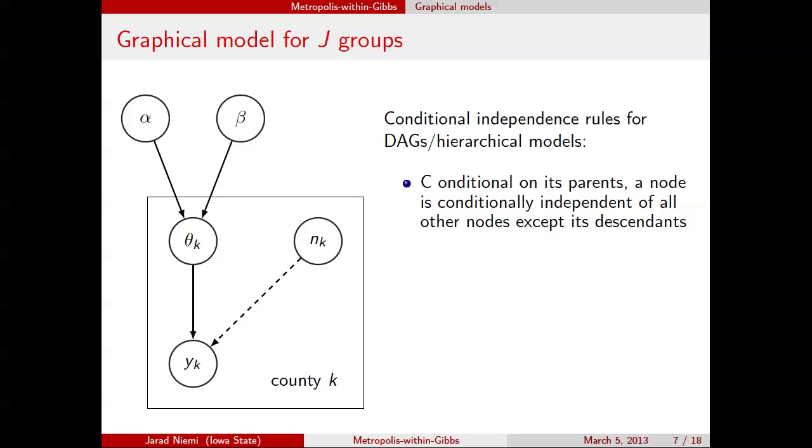I guess I haven't defined parents for you, and this is where I was trying not to get too much into the graphical model theory. But the parents here are the ones that have arrows leading into that node. So the parents of theta k are alpha and beta. Okay? And this relationship says that this node is conditionally independent of all other nodes in the graph. What you should be thinking right now is theta 1, theta 2, theta 3, theta 4, all the other thetas and the other data for that matter.